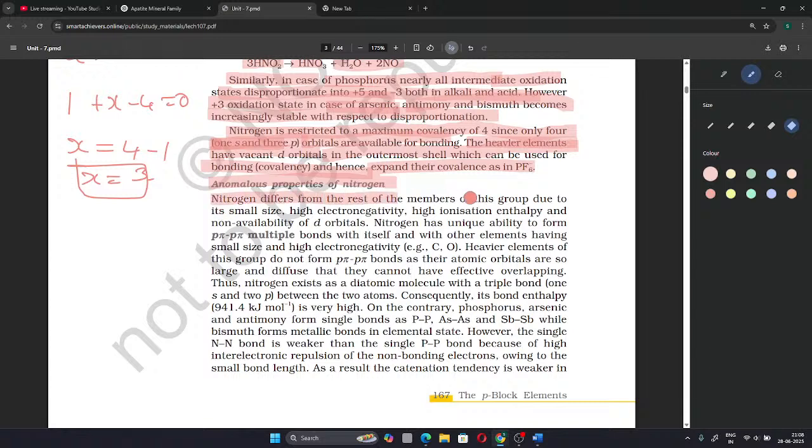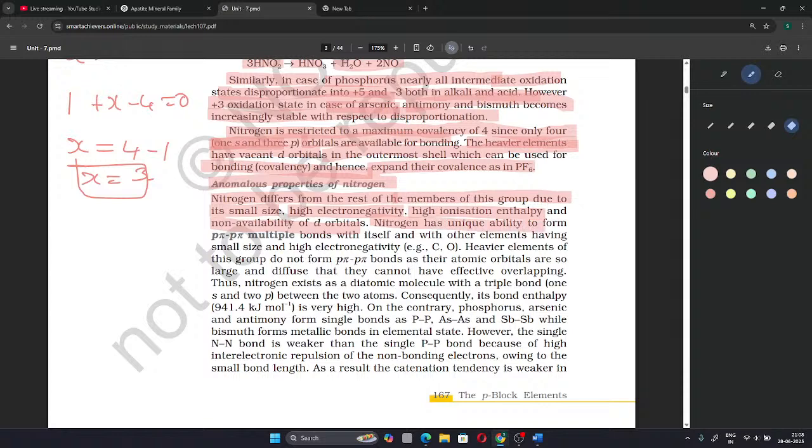Nitrogen differs from the rest of the members of this group due to its small size, because it is in the second period, high electronegativity. It has the highest electronegativity, I believe on the Pauling scale, it is 3. High ionization enthalpy and non-availability of d orbitals. No d orbitals, and as we saw, the ionization enthalpy in all three ionizations, nitrogen was having the highest.